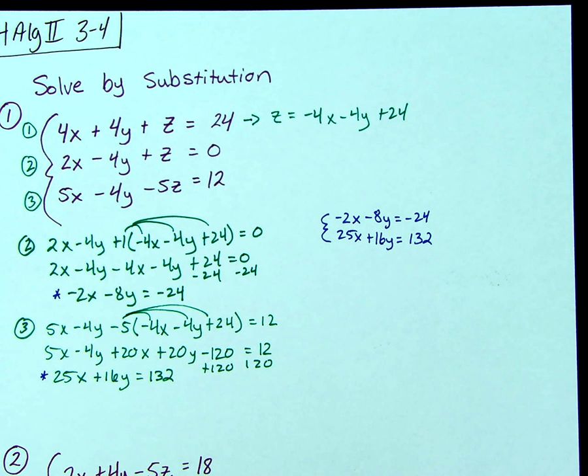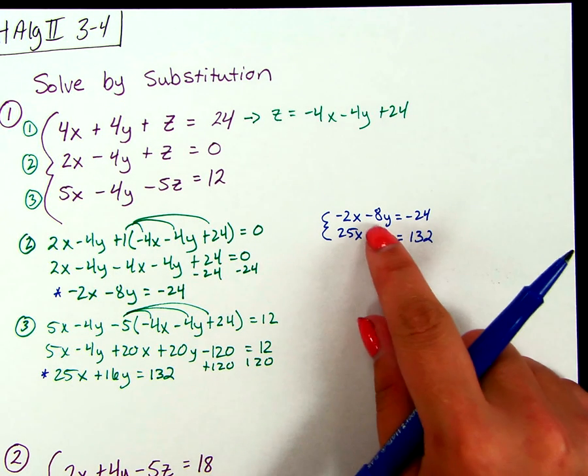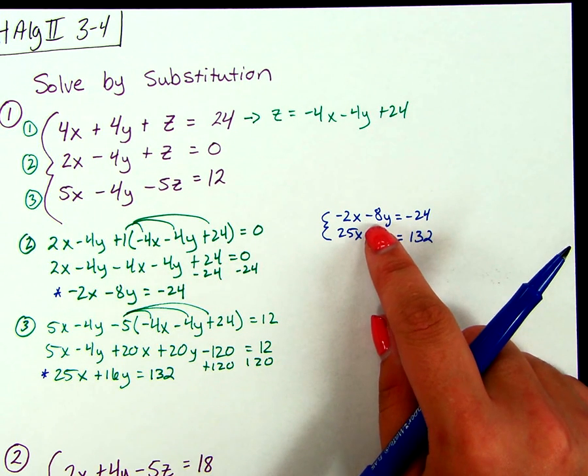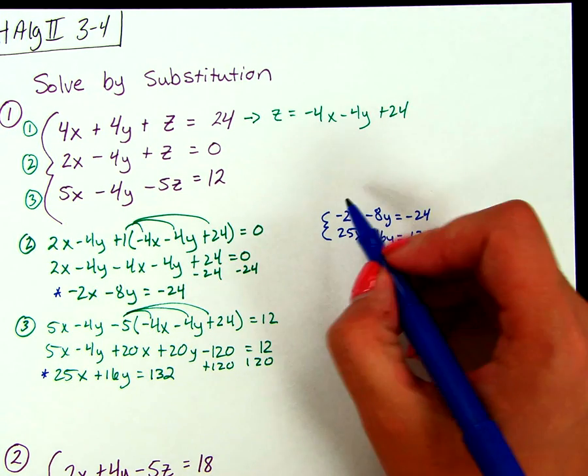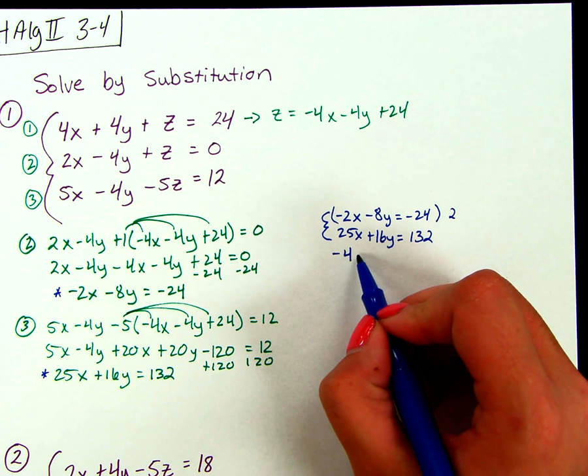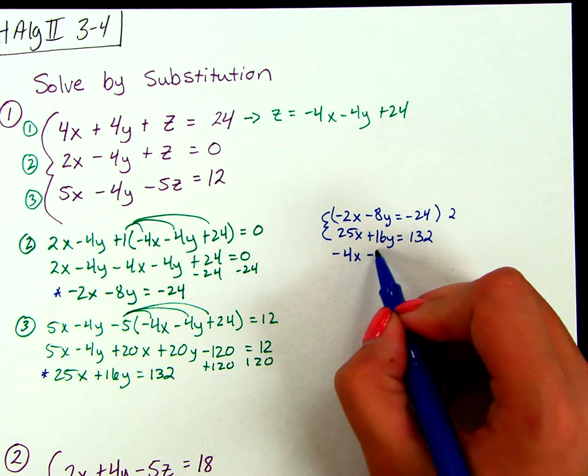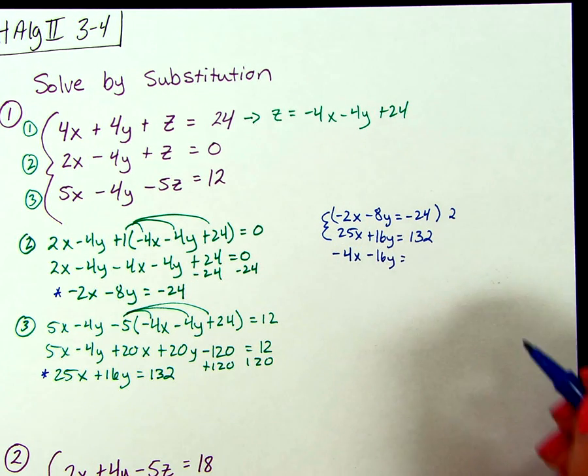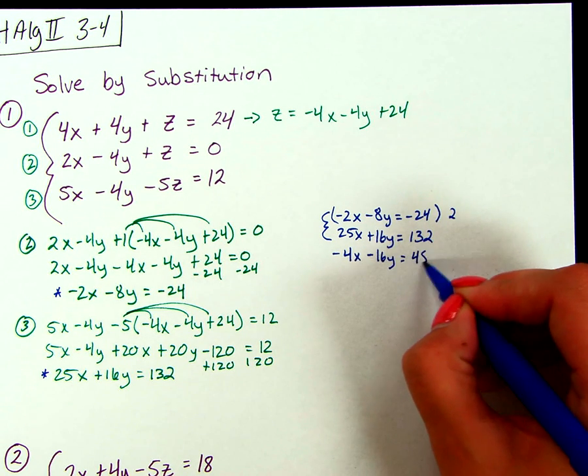Now, looking at that, we're going to solve this system either by substitution or elimination, just like we did in the very first section of this unit. We just pick whichever one we think is easier. It should be pretty easy to multiply the first equation by 2, and then we can eliminate the y's. So we're going to multiply everything by 2: negative 4x minus 16y equals negative 48.